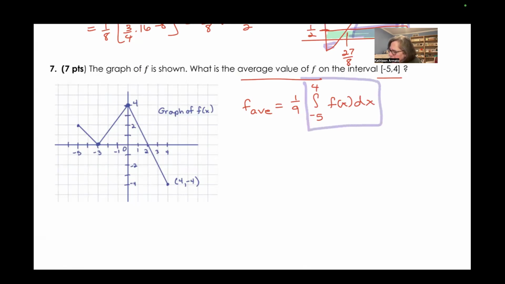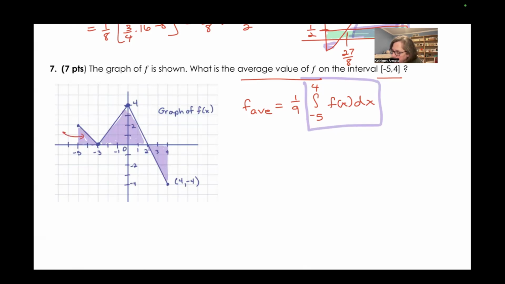Some of you were trying to actually integrate, but when you have a graph like this, you want to use geometric formulas. So I'm going to look at the area between the function f of x and the x-axis, and keep in mind that any area underneath the x-axis is considered negative.